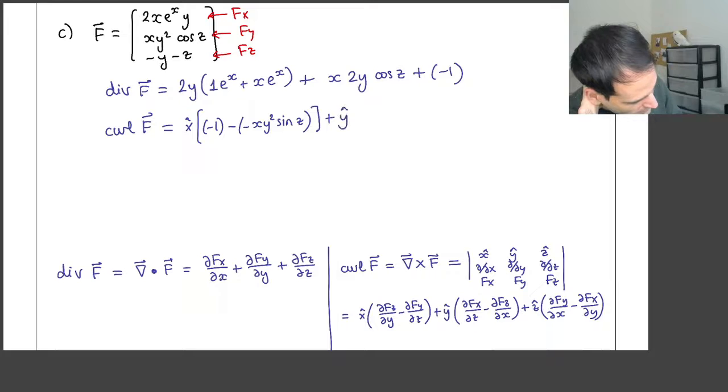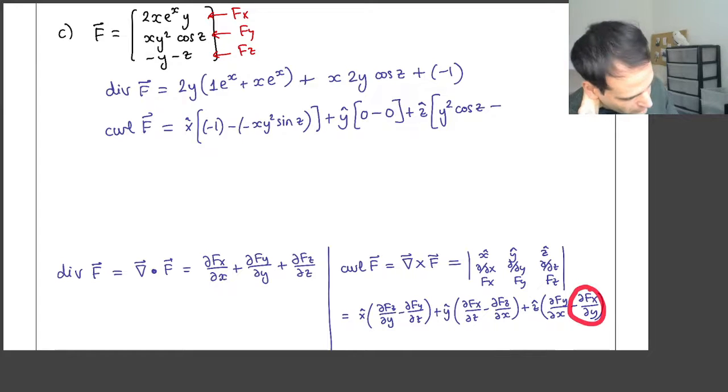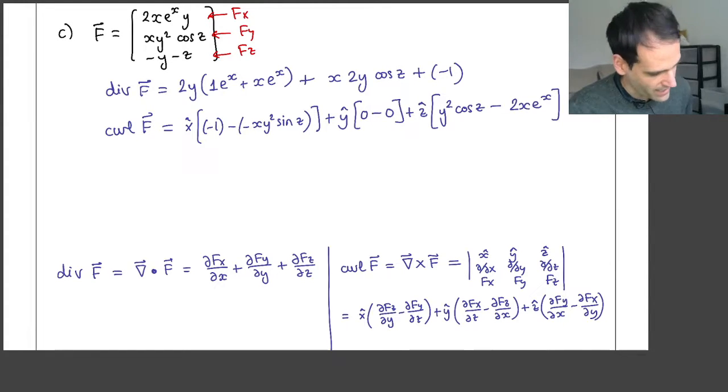Then plus y hat times partial of fx with respect to z, that's going to be 0, minus partial of fz with respect to x, that's going to be 0. So that's 0. And now plus z hat times partial of fy with respect to x, so that will just be y squared cosine z, minus partial of fx with respect to y, that will just be 2x e to the x. And that's it. That is the answer for the curl of f, which is a vector field.